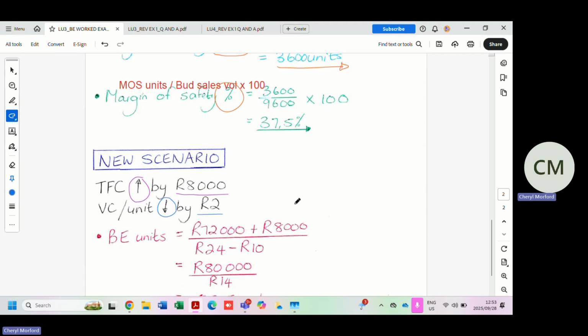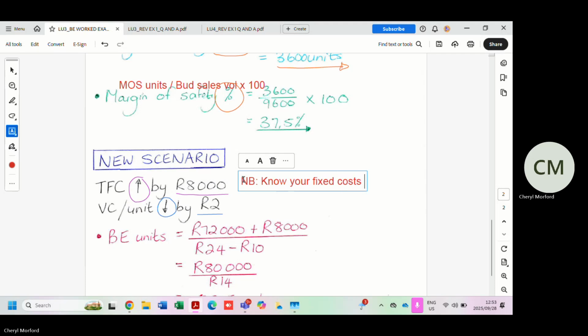Also make sure that you could deal with this in a more applied context. That means that you're going to have to know the components of total fixed cost, and you must know your fixed costs from the variable costs.